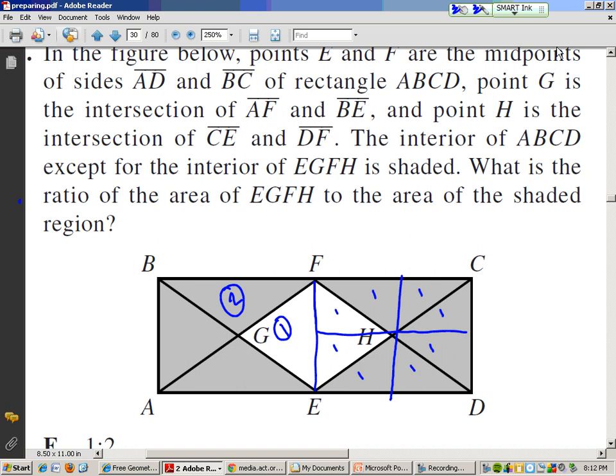Let's see. Did we actually prove that the areas were the same on them? We proved that the big triangles were the same. You'd have to take away where they overlap.